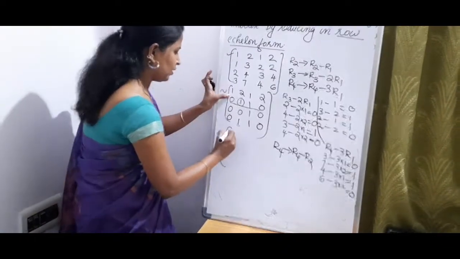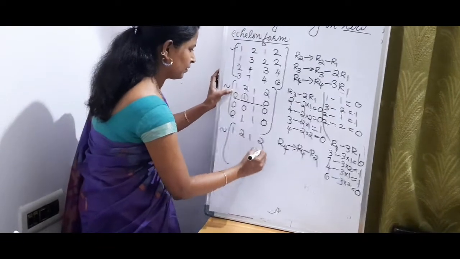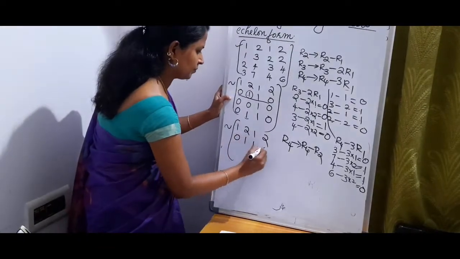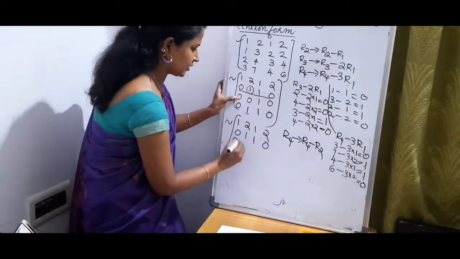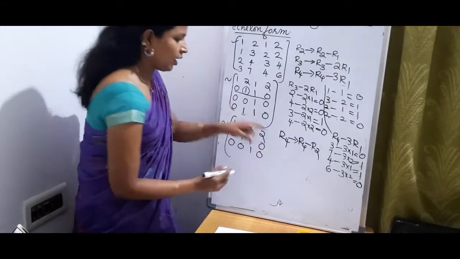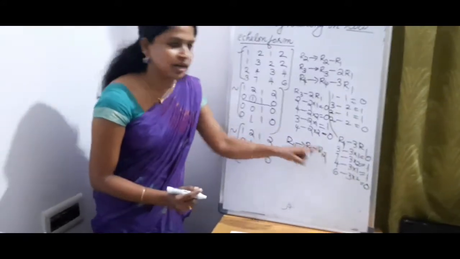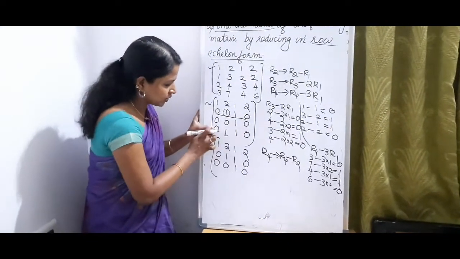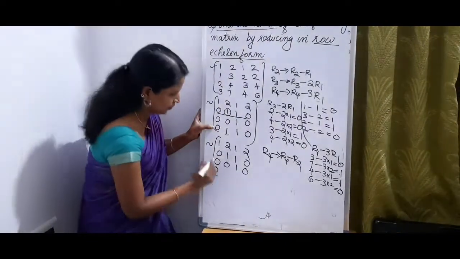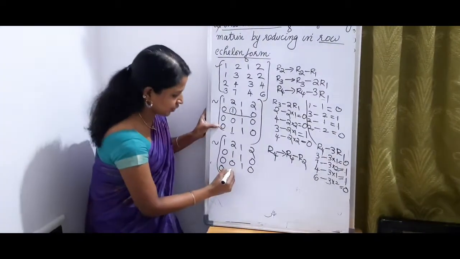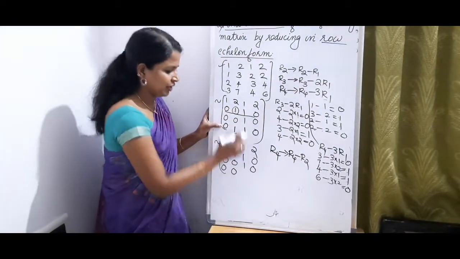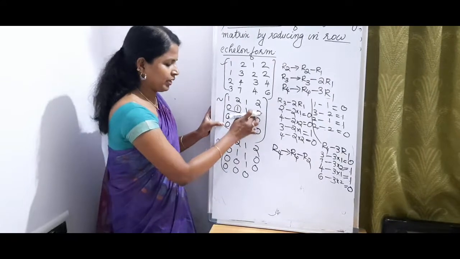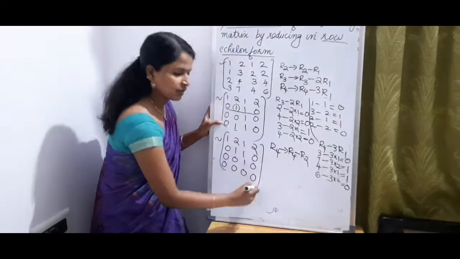That is R1 same, R2 same, R3 same, 0, 0, 1, 0, and R4 is R4 minus R2. 0 minus 0, 0. 1 minus 1, 0. 1 minus 1, 0. 0 minus 0 is 0.